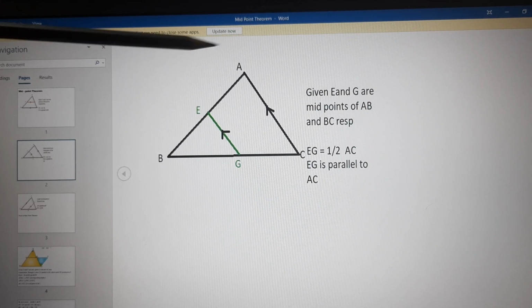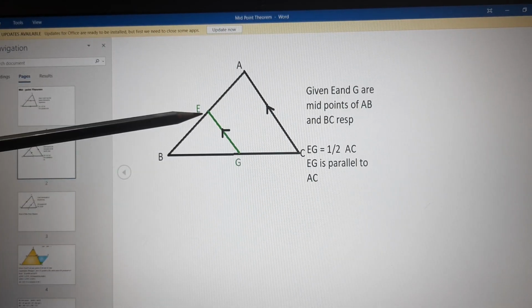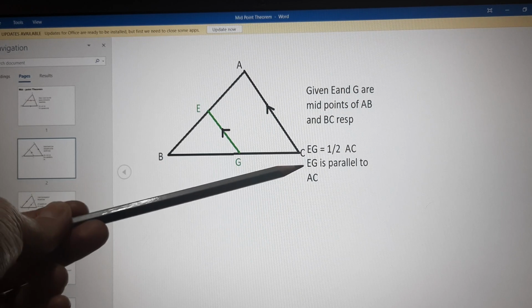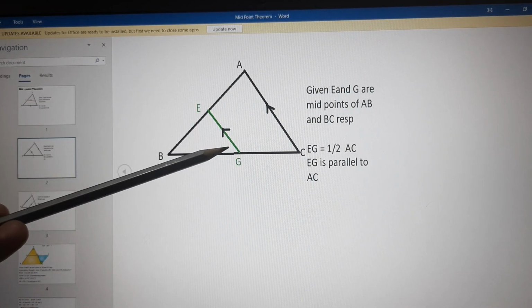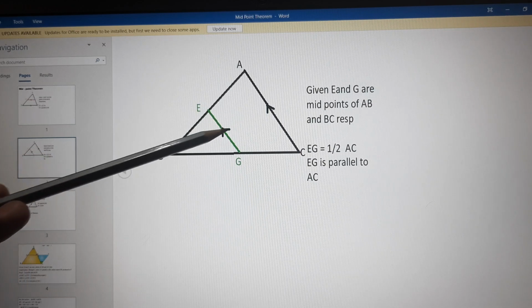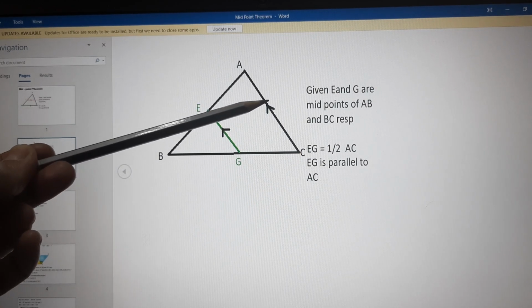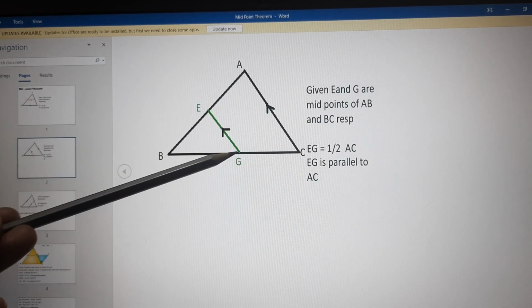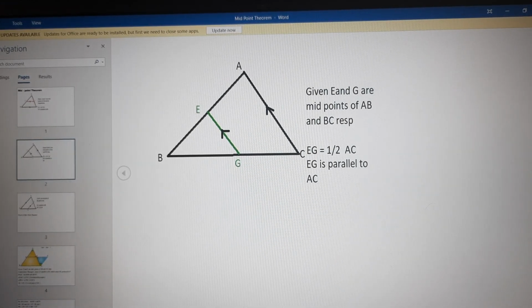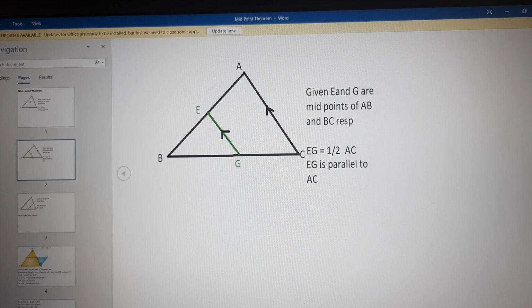So here in triangle ABC, E is the midpoint of AB and G is the midpoint of BC. So opposite to EG, which base is falling? AC. Opposite to EG, the base is AC. So EG is equal to half of AC and EG will be parallel to AC.